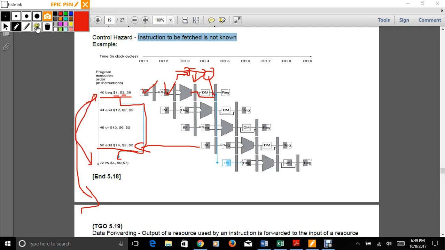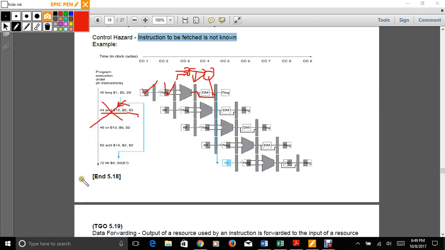So if I don't go down there, what ends up happening is I may inadvertently update the register 12, even though the if statement tells me I don't want to do that. So there's a whole method for preventing this, and we're going to learn this as well. So 5.18, you can expect that to be important.